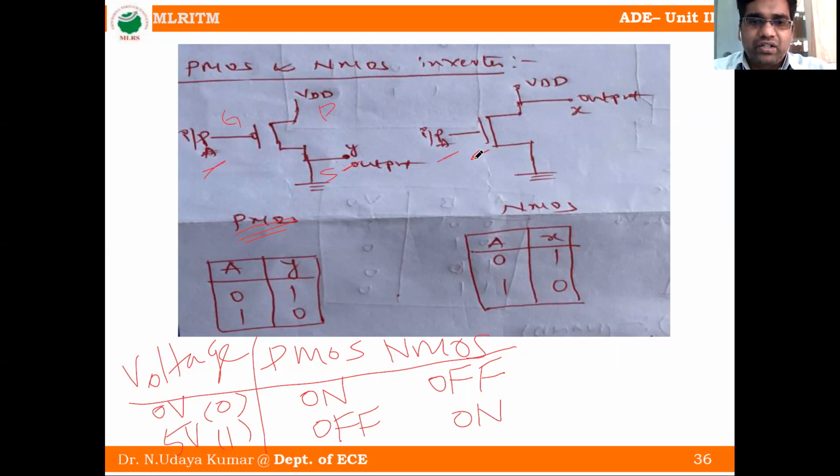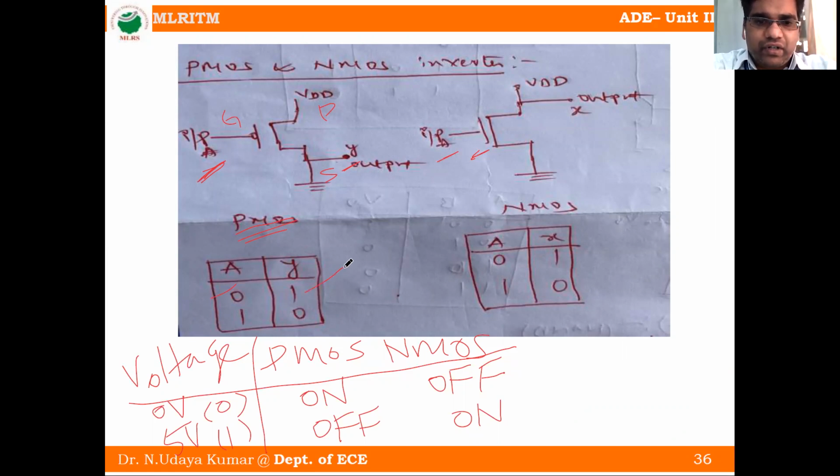Since the transistor is on, we take the output at the source terminal. This transistor is on, so there is a short circuit from VDD to the output side. That means the output is 1. So when 0 is given, the output is 1.